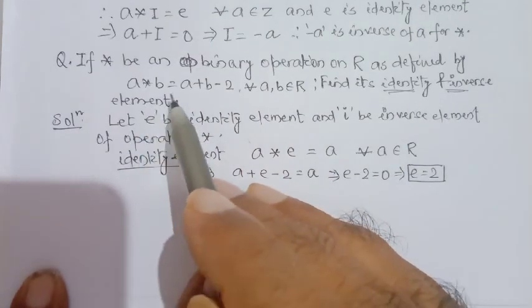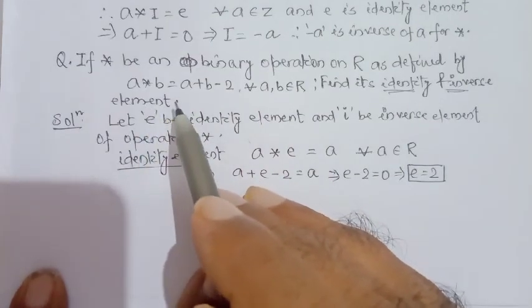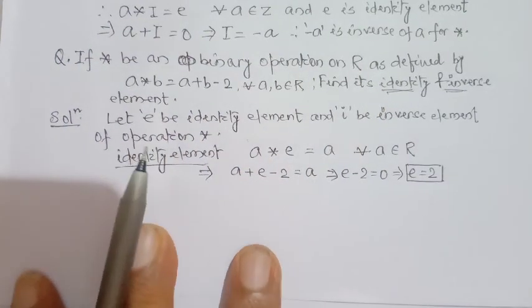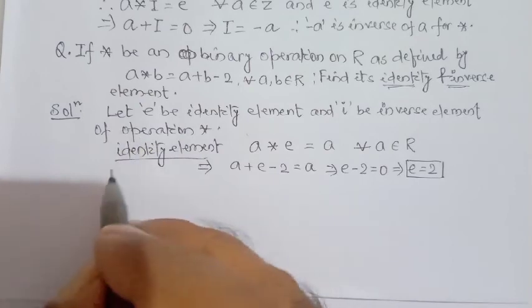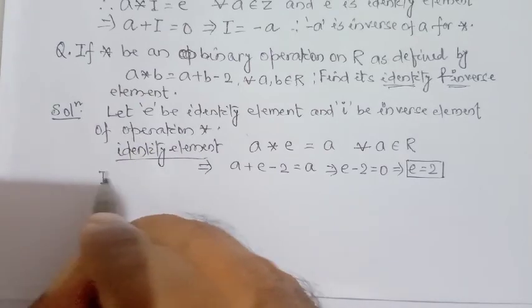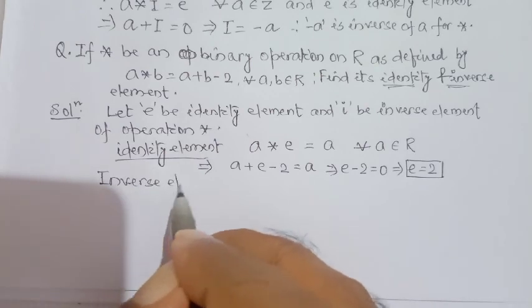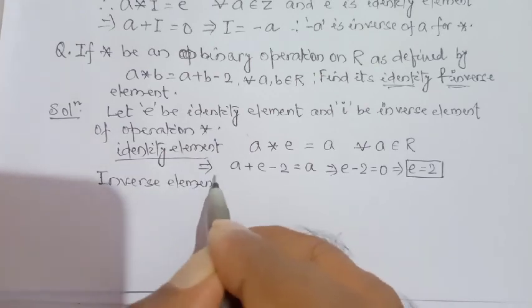A star B is equal to A plus B minus 2. Next find the inverse element.